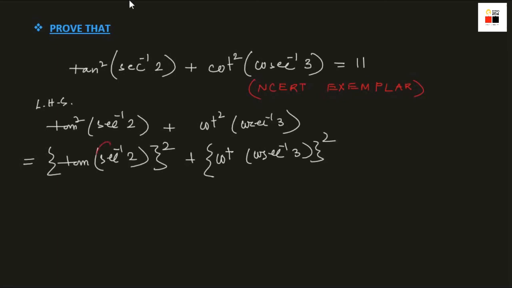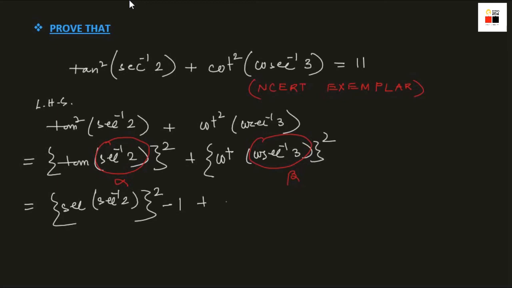We can imagine sec inverse 2 as alpha and cosec inverse 3 as beta. This is equals to sec of sec inverse 2 whole square minus 1 and cosec of cosec inverse 3 whole square minus 1.